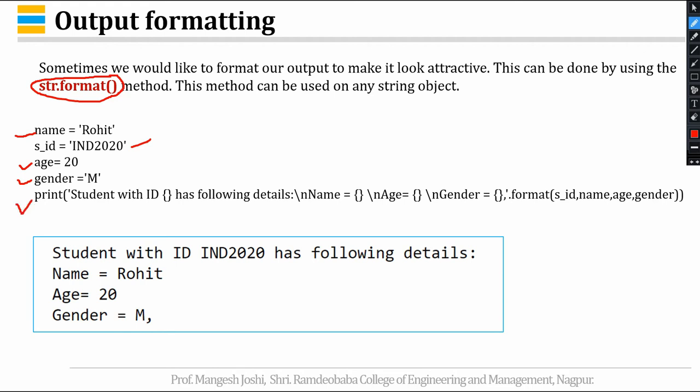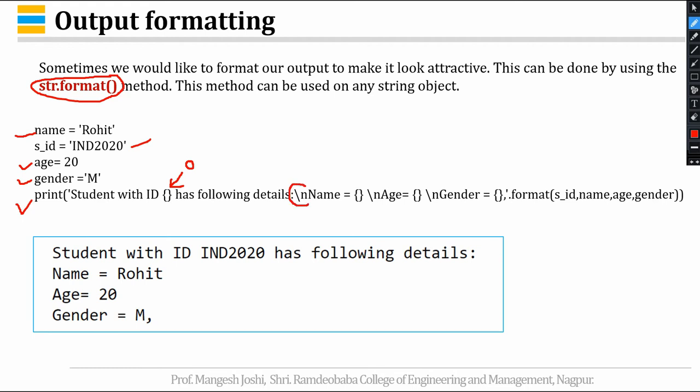Now I have written the print command. Now these are called the curly brackets, that is the placeholders. So how will it print? Student with ID, and this stands for zero index, has following details.